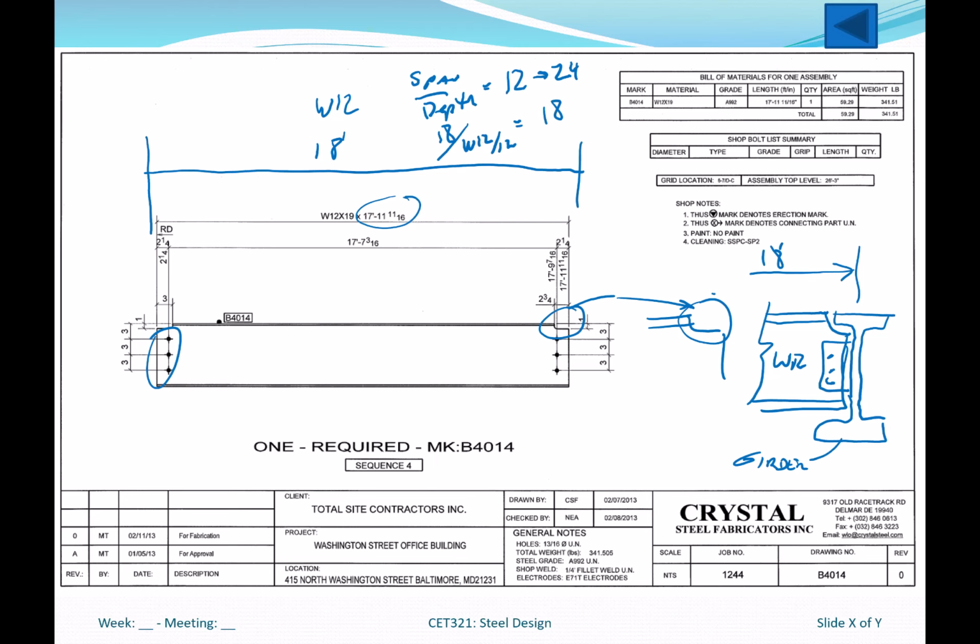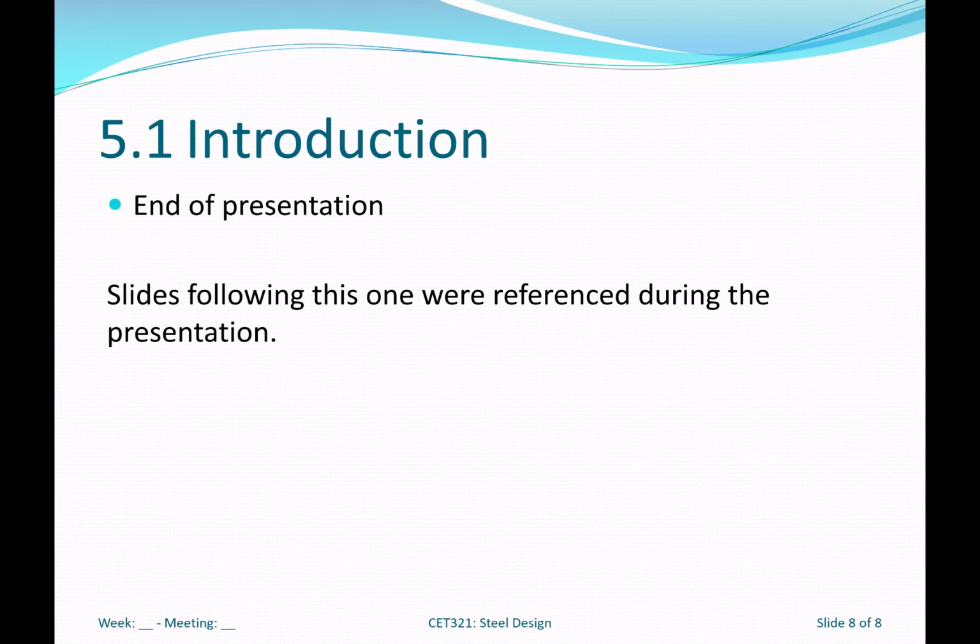So my span to depth ratio is 18 for this W12, so it's within our rule of thumb of 12 to 24. But other things of interest here, certainly you have your beam size, you have the grade of steel.